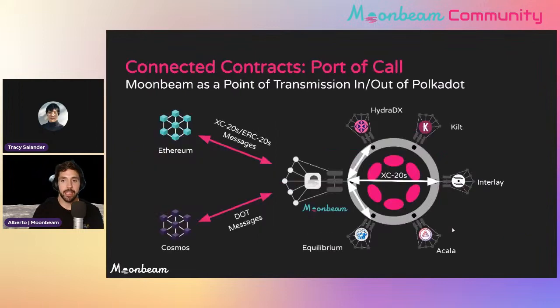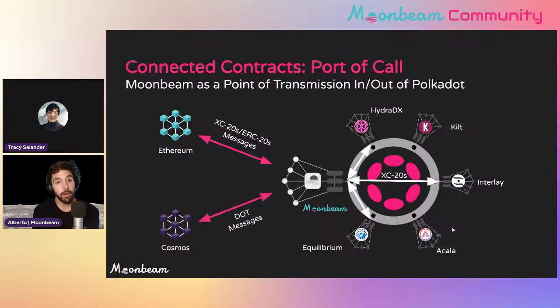And then the other really cool thing that we're still working on is this idea of connected contracts. The idea is that there's no blockchain right now that is fully isolated. Blockchains by themselves are isolated, but now we have these GMP protocols that allow us to be connected to other blockchains.